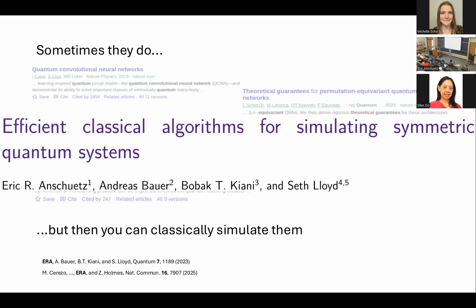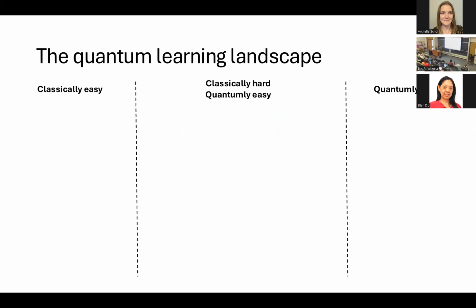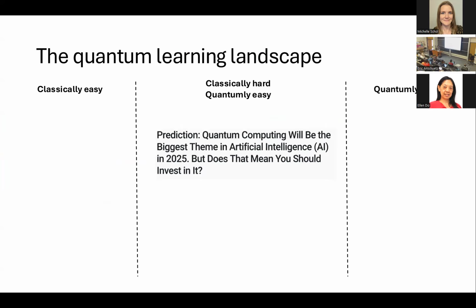Again, unfortunately, I don't have time to get into this really, but I just wanted to lay out what I would call the quantum learning landscape, or the landscape of the field. So first, this is what these very optimistic headlines in Yahoo Finance are hoping for: results that there are learning problems which are both classically hard and quantumly easy.